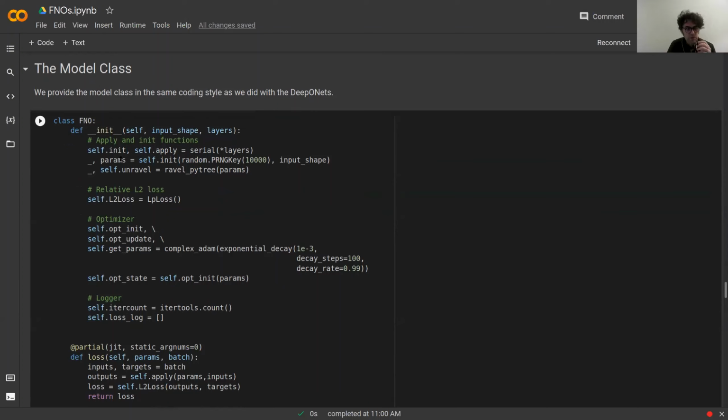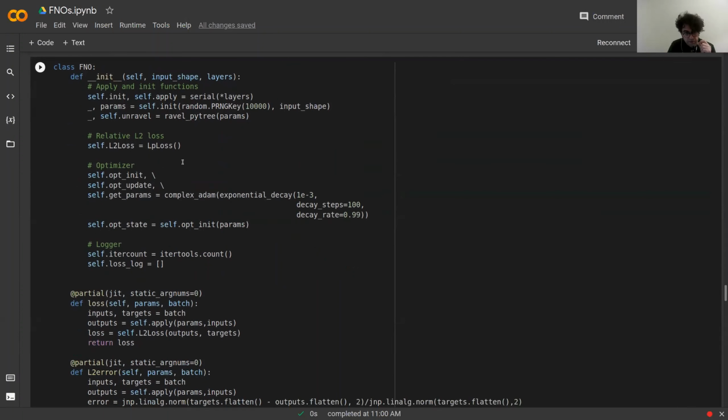Okay, and then again, this will provide us with an init function and an apply function. Again, we define it, we get the parameters, we do this unravel pytree, because we take this pytree, we unravel it, right? And then we will use that to store our parameters such that we don't need to retrain.